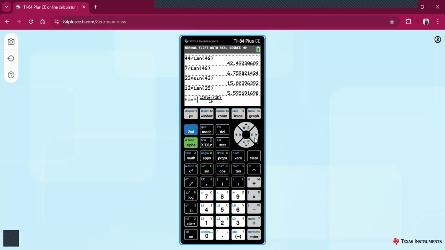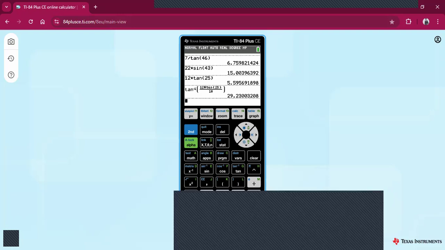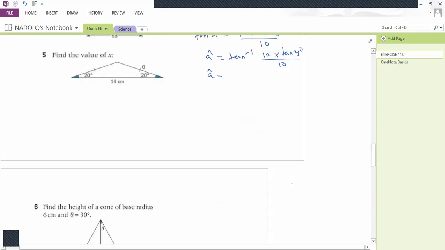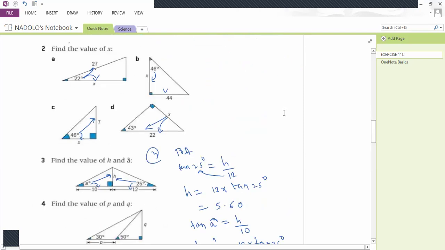Close your overall bracket. Then enter, you'll have your A as 29.23, which to three significant figures is 29.2. I'm going to share the other side. So this will be 29.2 degrees. So that's for number 3.